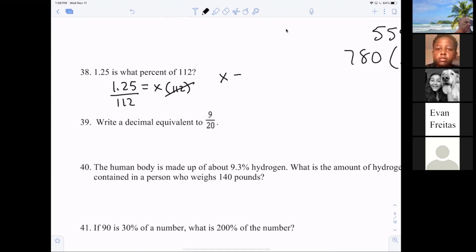And so somebody tell me. 0.01. Wait, stop. Okay. So if you do the decimal, what's the number on your calculator? 0.0111607. Okay, good. So now if we move it 2 places, we would say that's like 1.1%. Yeah. All right, 1.1%.